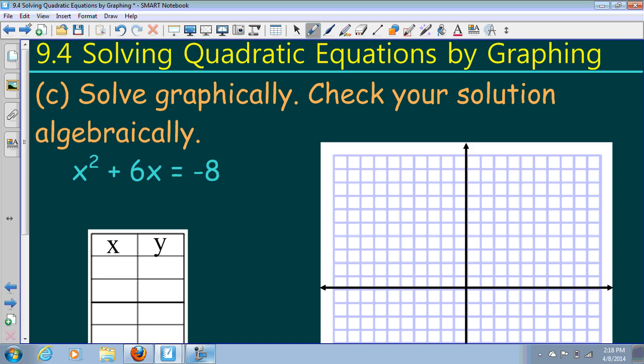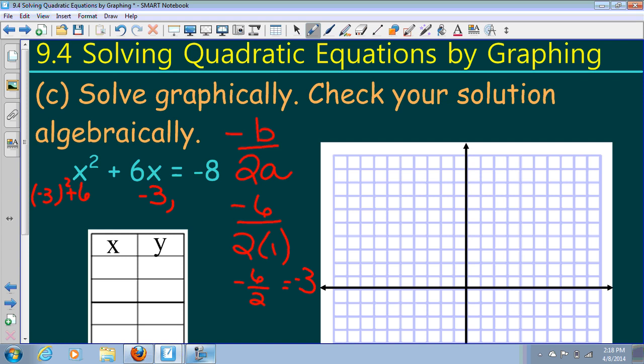Okay, so let's do this here. The opposite of b over 2a. The opposite of b is negative 6 over 2 times 1. So negative 6 over 2, which is negative 3. So x is negative 3. So we substitute that in. Negative 3 squared plus 6 times negative 3 plus 8.